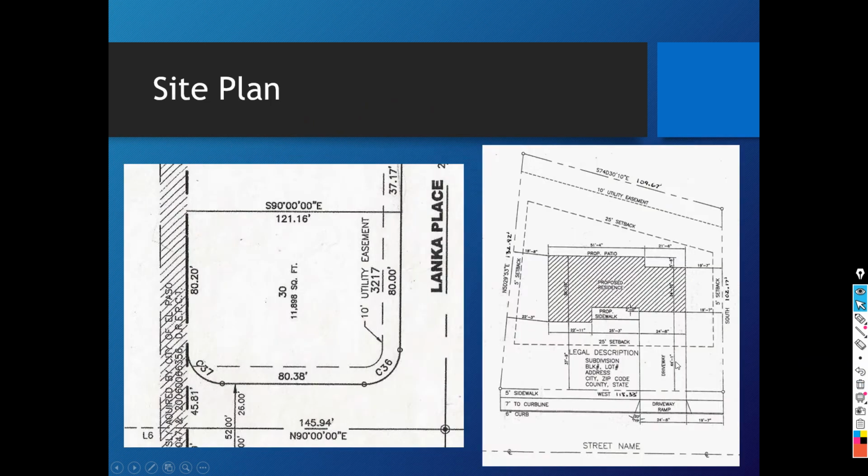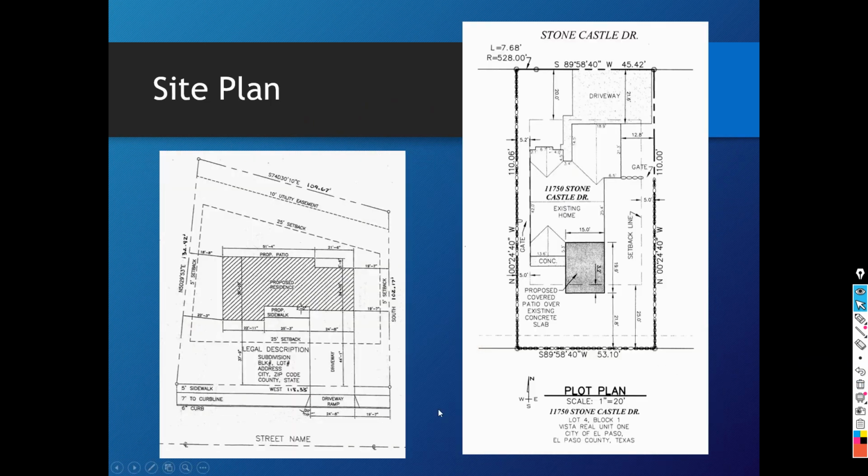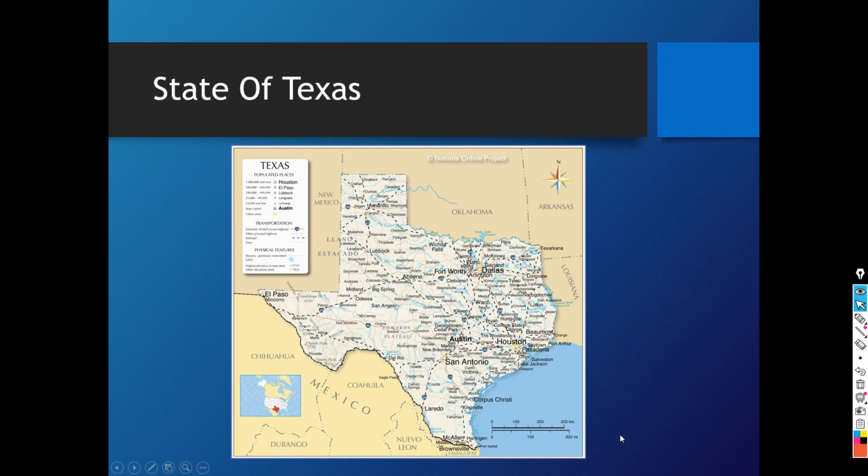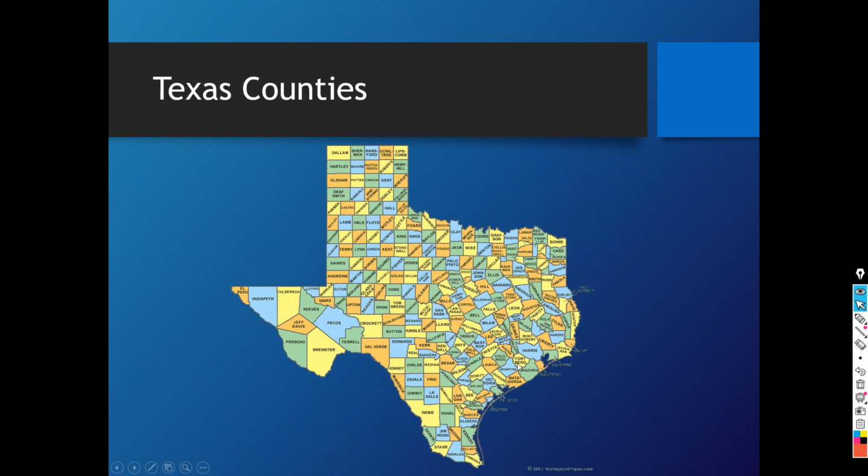If we look at the legal description, it says El Paso County, not country, county. So what is El Paso County? Well, the state of Texas is actually broken up into about, I think, 254 counties. Way over here on the left is this orange looking thing. That's El Paso County. Look at that.